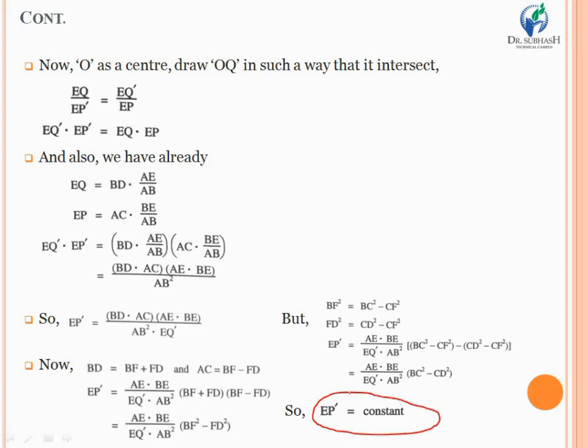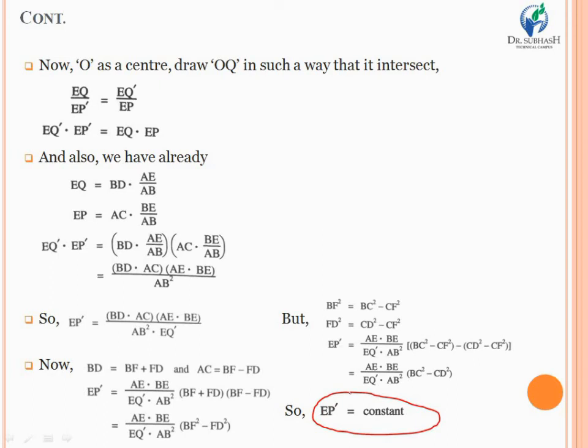Actually this distance represents the distance of the foot of the perpendicular from the point E, and that remains constant. So it clearly means that the point P will always move along a straight line, which is perpendicular to a line ED. So this is the actual Hart mechanism, through which you can have the generation of a straight line.